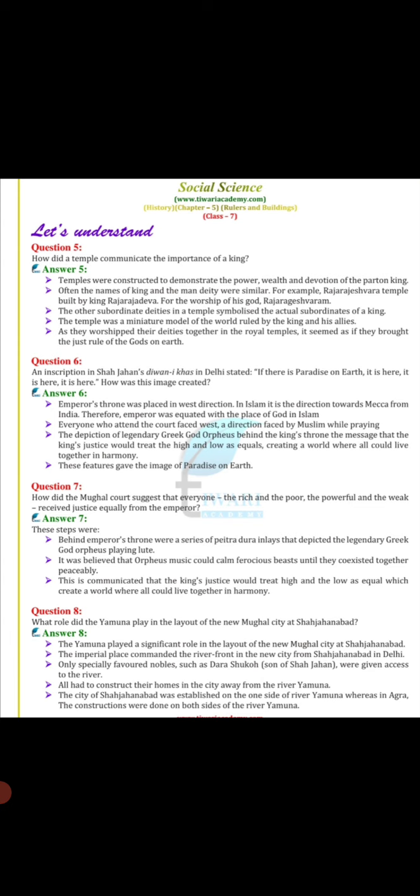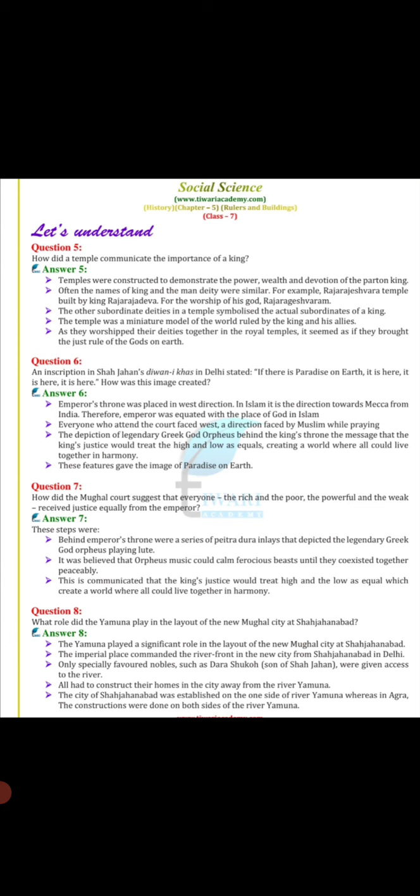Question 8. What role did the Yamuna play in the layout of the new Mughal city at Shahjahanabad? Answer: Yamuna played a significant role in the layout of the new Mughal city at Shahjahanabad.